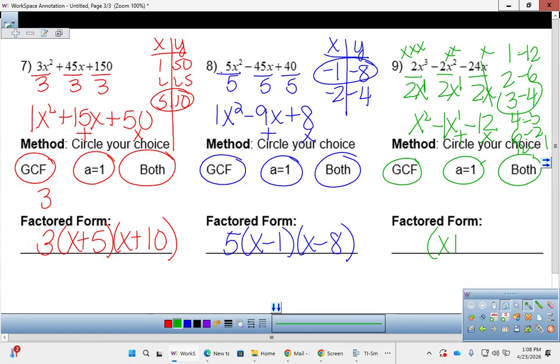So x positive 3, x negative 4. Don't forget that we divided out a 2x in the beginning, which is the GCF, so it goes to the front. Hopefully this helps with GCF and a equals 1 methods.